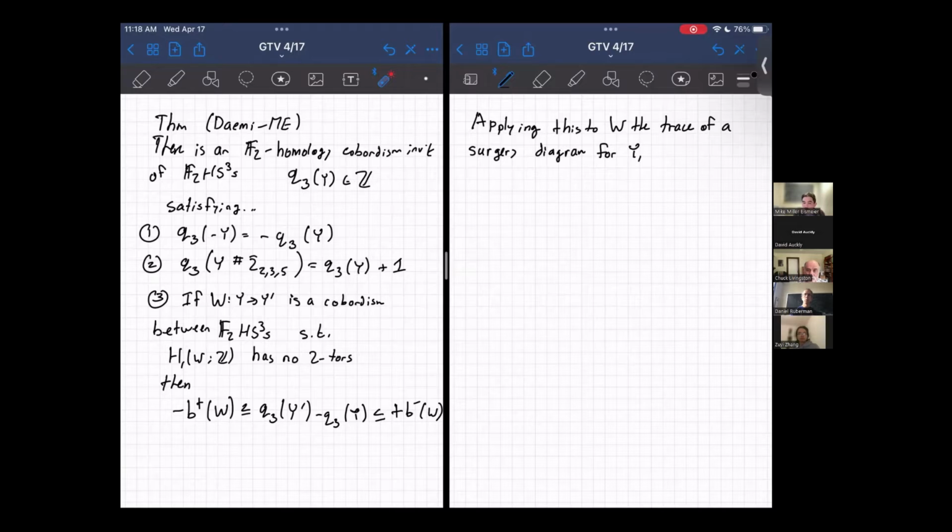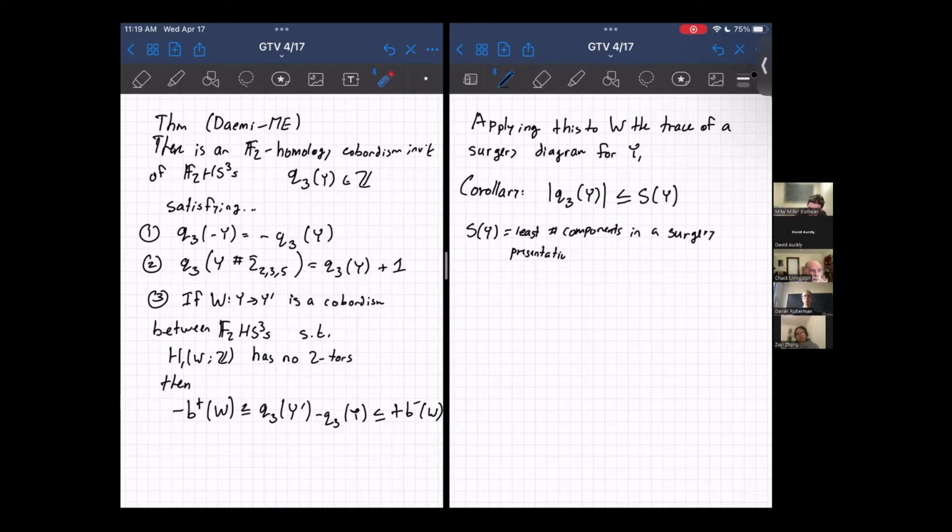If we apply this to the cobordism given by the trace of a surgery diagram for Y, this does give us that the absolute value of Q3 is a lower bound for the surgery number of Y, the least number of components in a surgery presentation for Y. If you're a little bit careful with slam dunk procedures to turn a rational surgery presentation into an integer surgery presentation, you see that in fact, the absolute value of Q3 gives a lower bound on the Dehn surgery number, or the rational surgery number, I should say.